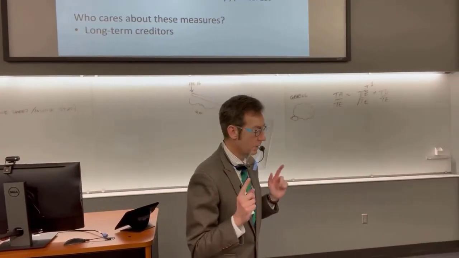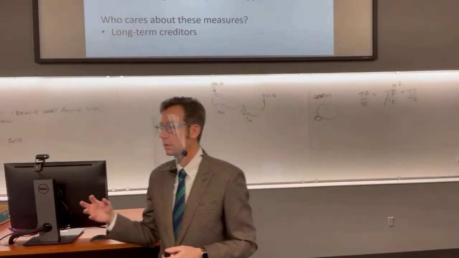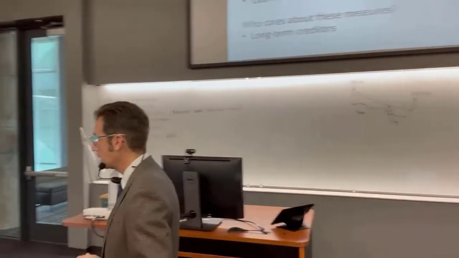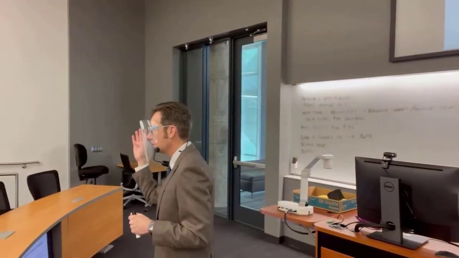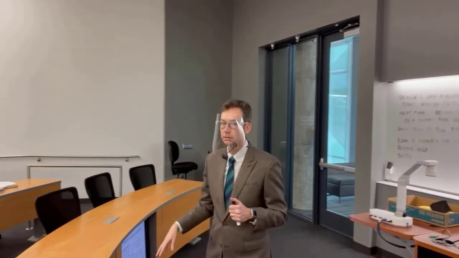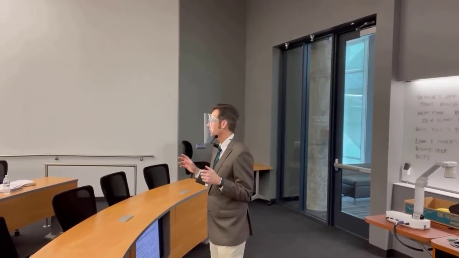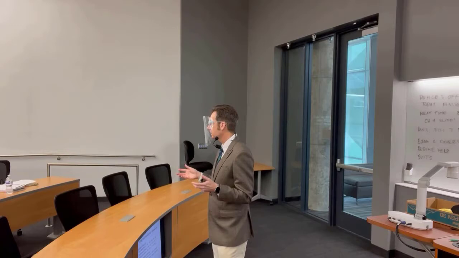Okay, now we can talk about how to lower a total debt ratio. By the way, if I'm going to loan money to these people, do I want them to have a higher total debt ratio or a lower total debt ratio? Yeah, lower. And if you can't remember that, just ask yourself, who would I rather loan money to? A guy that owes a bunch of money or someone who owes no money whatsoever?